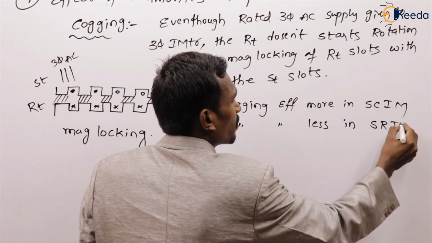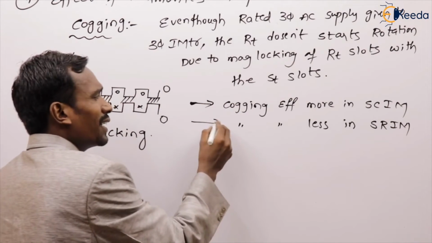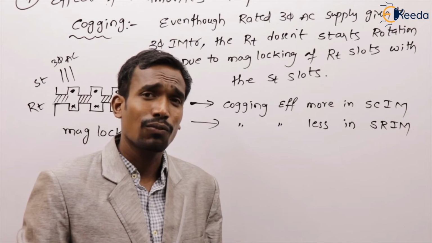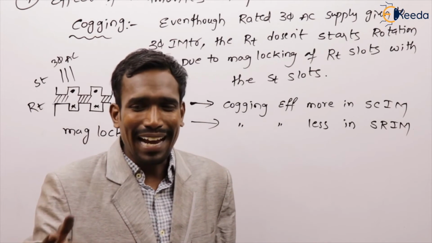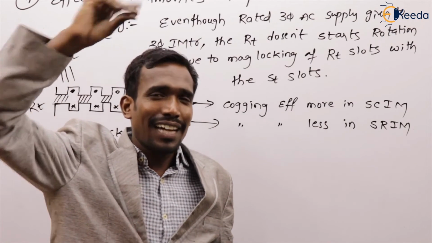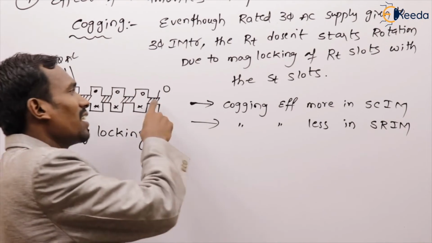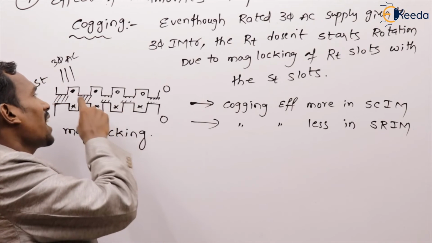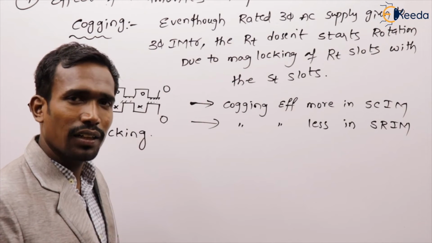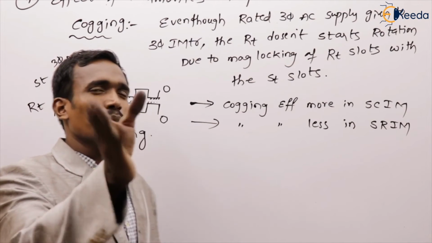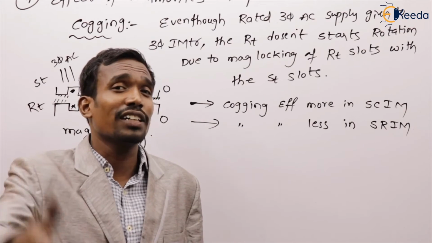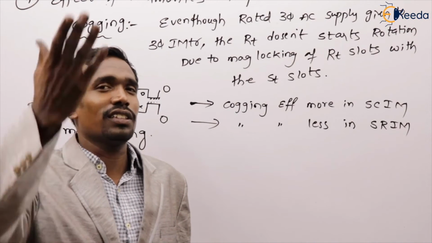If in a slip ring induction motor cogging effect takes place, what do we have to do? By adding extra resistance, we can increase the starting torque. Then that starting torque disturbs this magnetic locking, because the slip ring induction machine has high starting torque by adding the extra resistance.